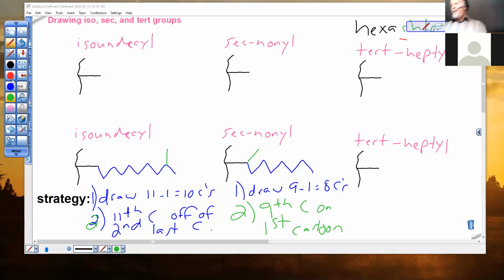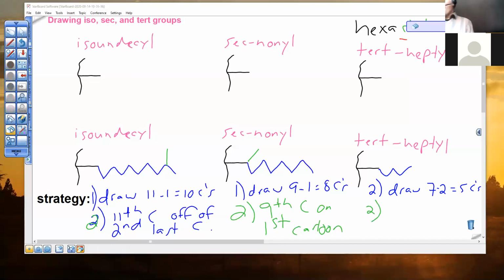Tert's easier. It always starts off like a chicken foot. And the chicken foot has 2 less carbons than the name. Draw 7 minus 2 equals 5 C's. 1, 2, 3, 4, 5. And step 2. I put a 2 in the first step. That's silly. And step 1.